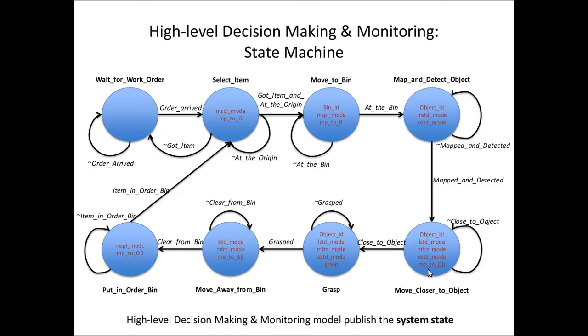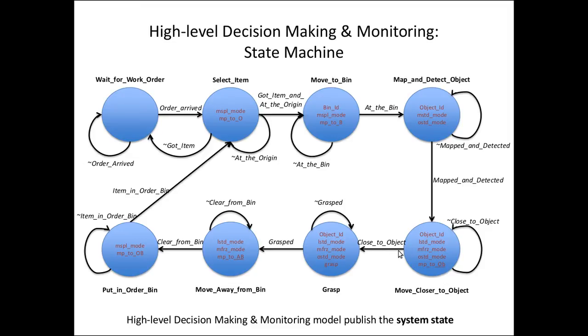So in this stage, the motion planning will be at the stage motion planning to OB dash, or motion planning to close to the object. In this state, it has to consider the fresh information about where the actual beam is, where the shelf is, in order to avoid collision.